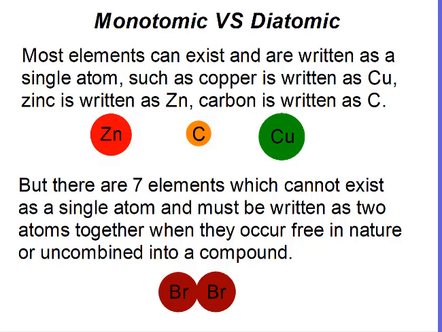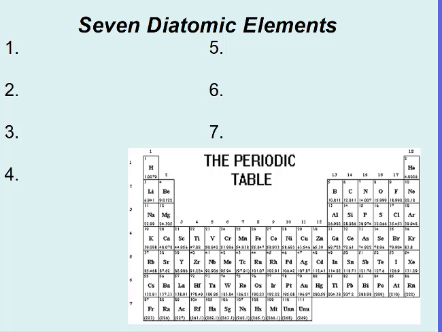We also talked about monatomic and diatomic elements. We said that most elements can be written just by themselves if it's an element. So if it says carbon, we write it as C. If it says zinc, we write it as just Zn. But there's 7 of those elements that cannot be written by themselves, and therefore they're going to be 2. Those 7 started at number 7, and they made a 7.